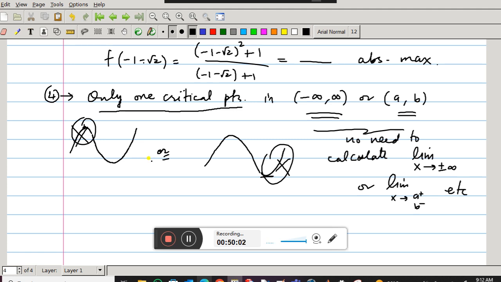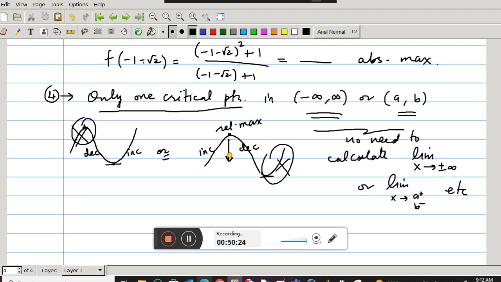So either you will have a minima there. So see, either you will have decrease on the left, increase on the right, or increase on the left, decrease on the right. But we do it in section 4.2. It means this is a relative maxima, right?